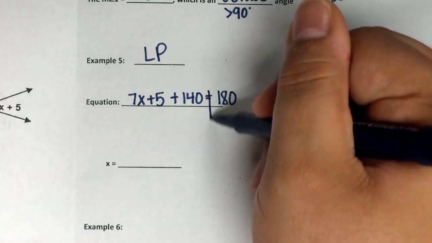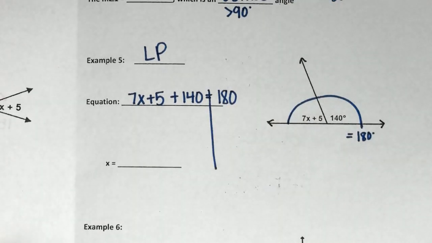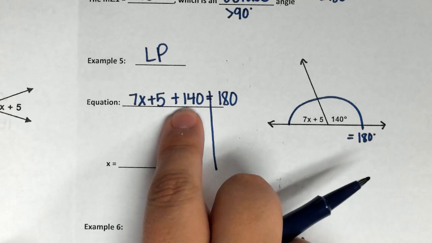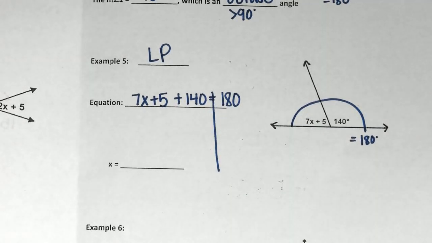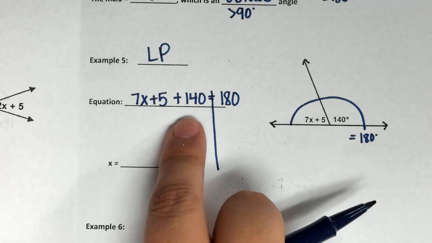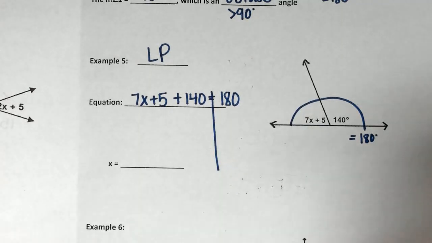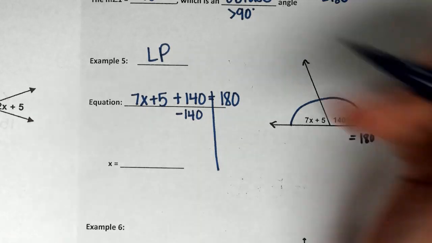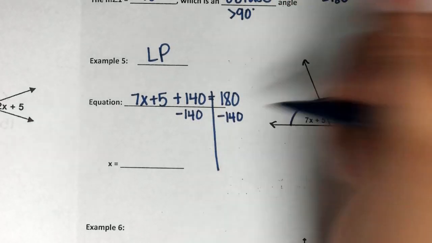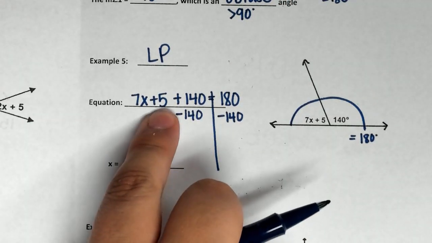How do I solve this? There are 2 side chicks. You can either add them together or you can subtract them one by one. It's really up to you. I'm going to get rid of them one by one. If I get rid of 140, I've got to get rid of one side chick. How do I get rid of the 5?